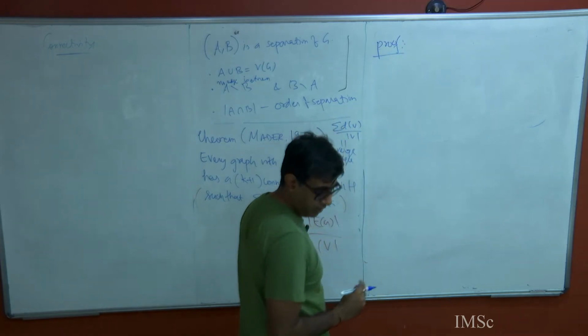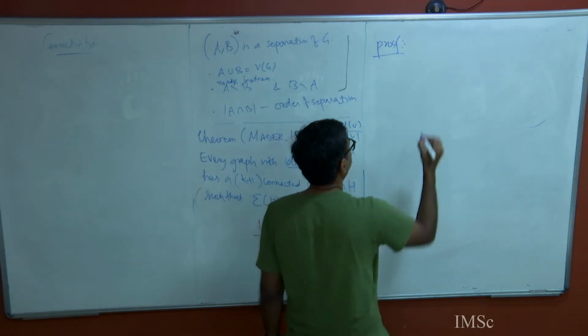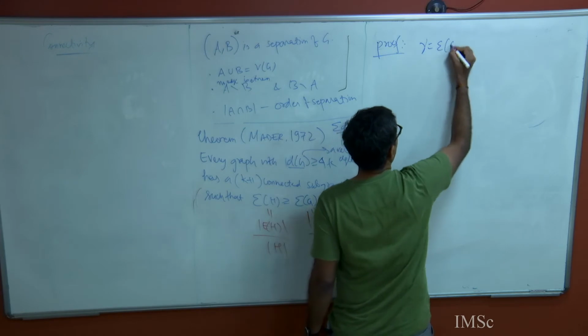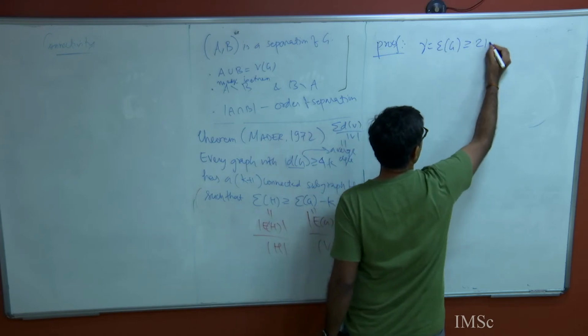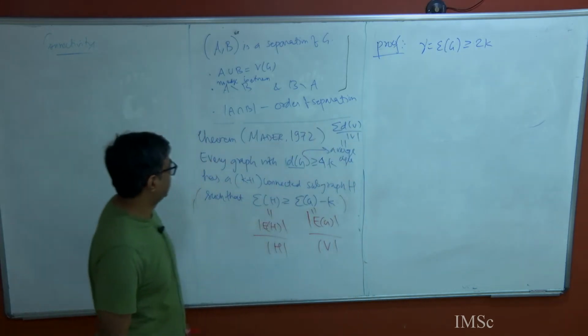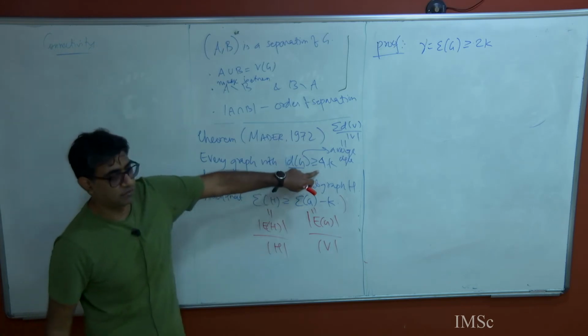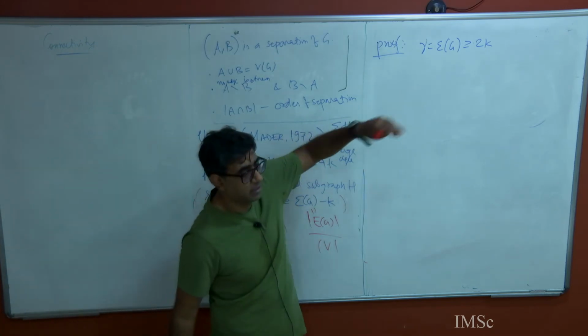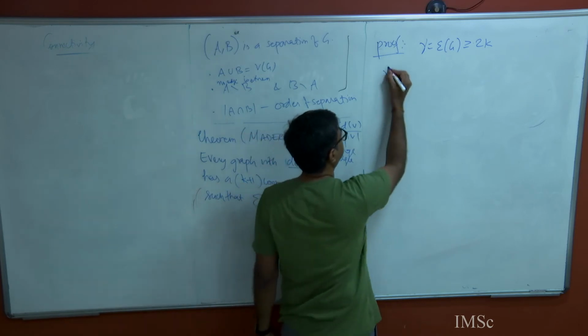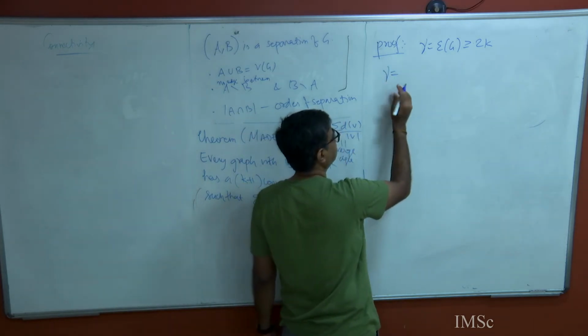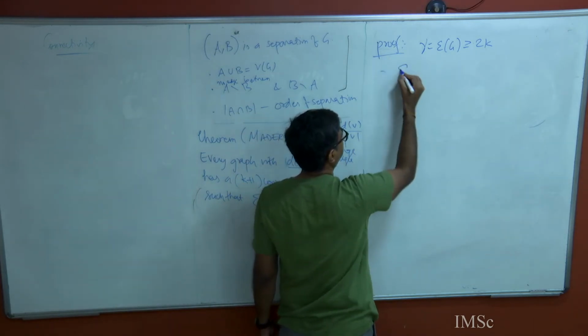So what are we going to set? Let's set gamma, can I say this is at least 2k? Because average degree is at least 4k. Remember, what was the definition of epsilon G?